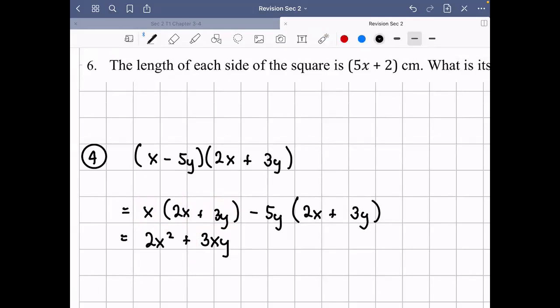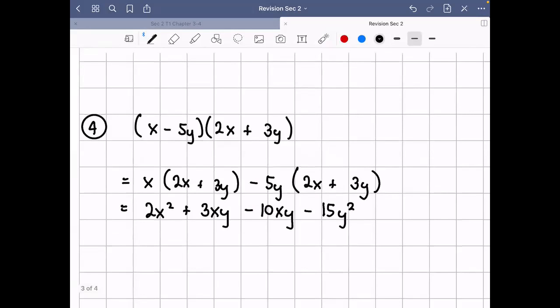And then, okay, minus, so negative 5y times 2x gives you negative 10xy. And then negative 5y times 3y gives you negative 15y squared.